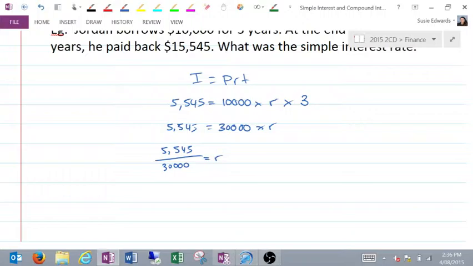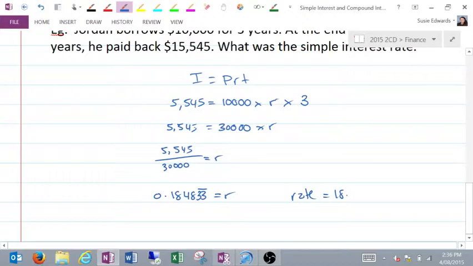Okay, so we would have got an answer which looks like 0.1848. What you need to realise is if we're asking for a rate, we need to write it as a percentage, okay? So our rate equals 18.48%.